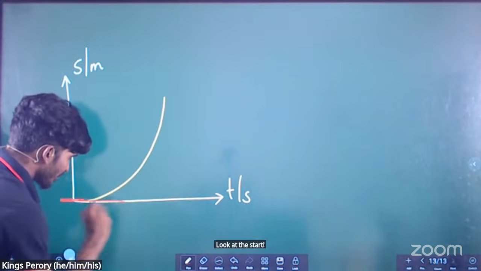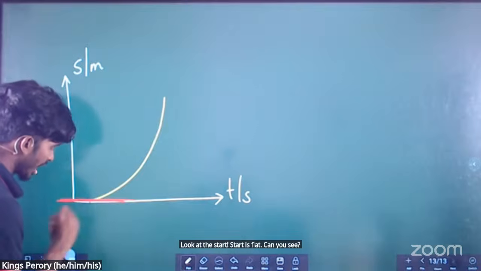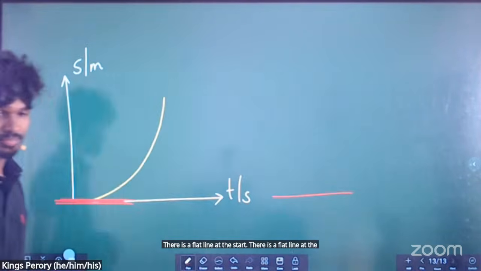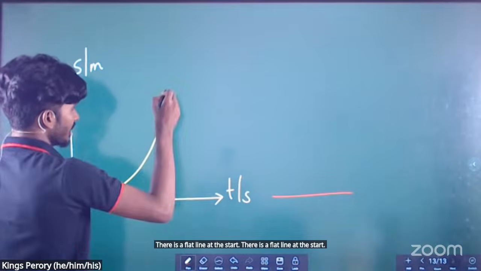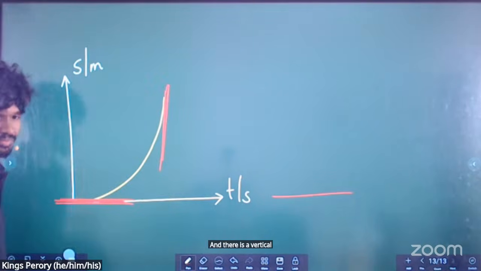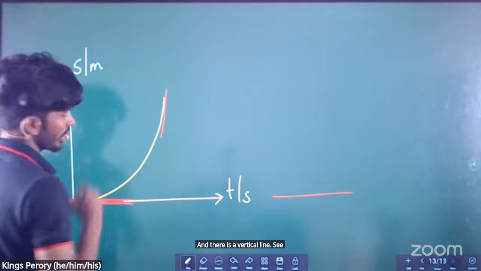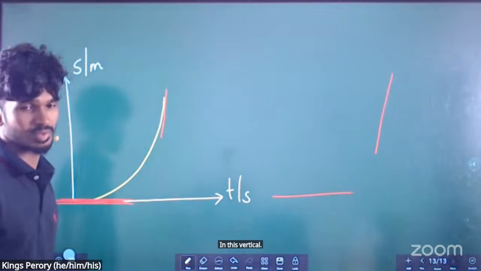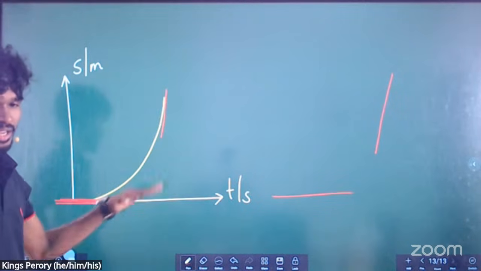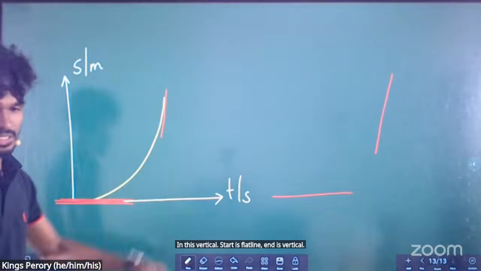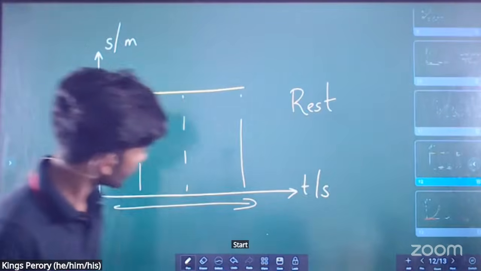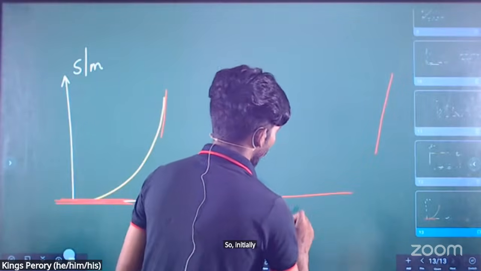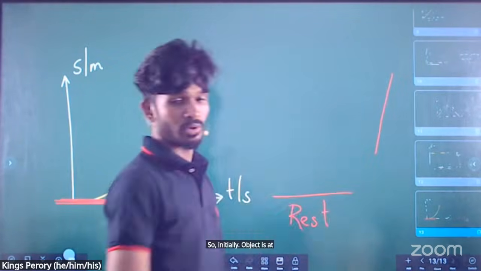The start is flat. There is a flat line at the start. At the end, there is a vertical line. The start is a flat line, the end is vertical. A flat line means what? Rest. So initially, the object is at rest, no doubt.